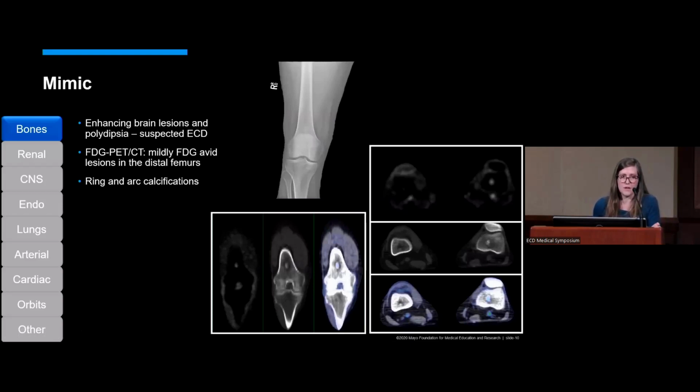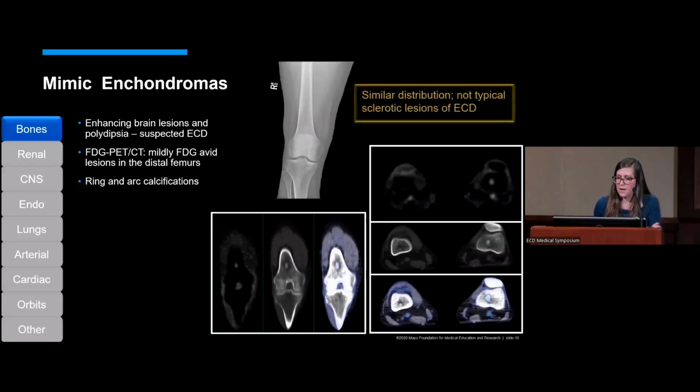So this is a better look for enchondromas, which are a benign cartilaginous lesion. They can have a similar distribution, because they're pretty commonly found in the metadiaphyseal region, but they're not the typical sclerotic lesions of ECD.